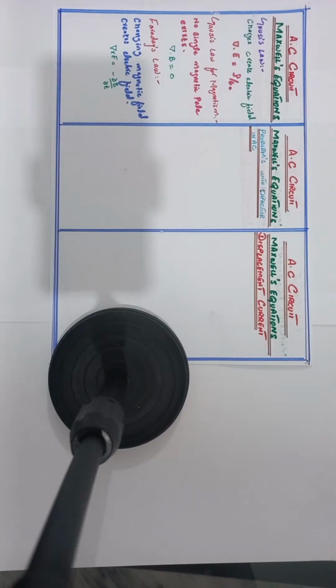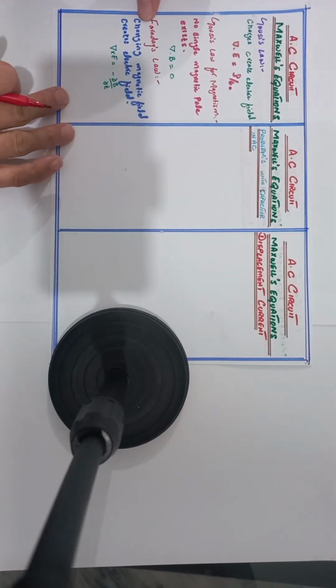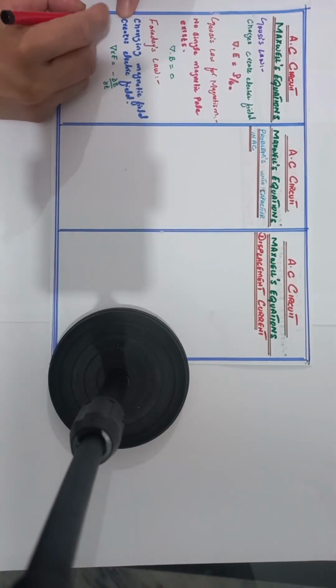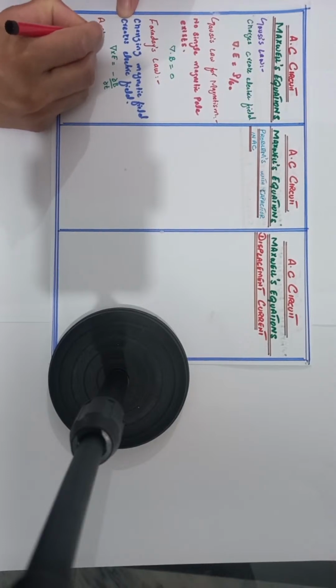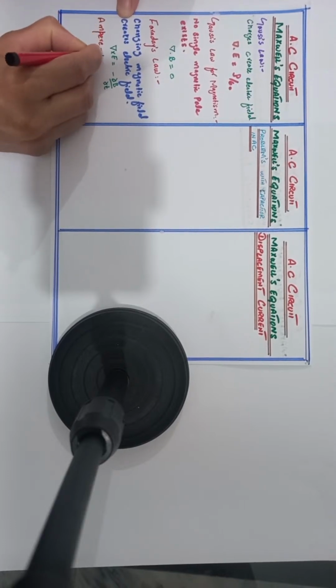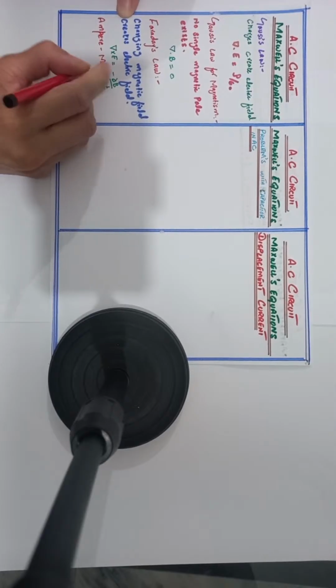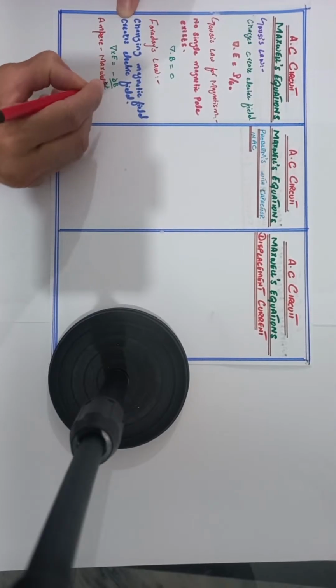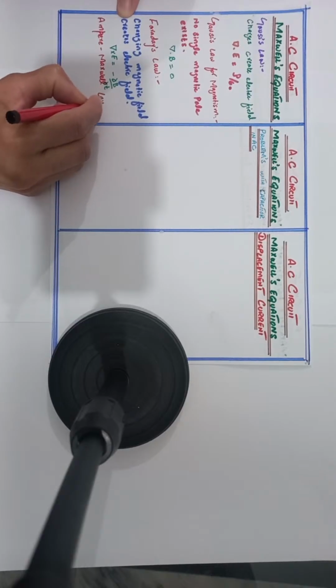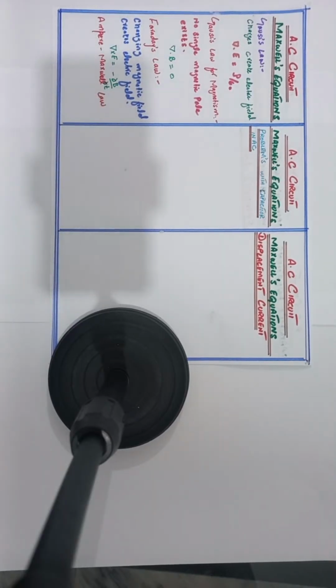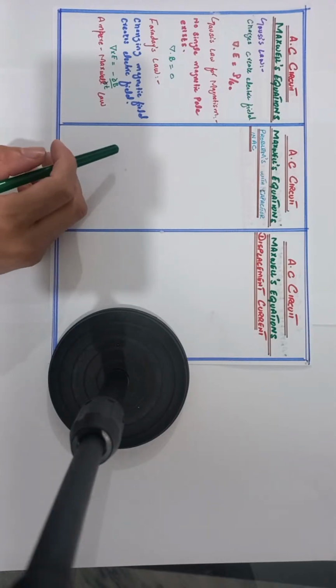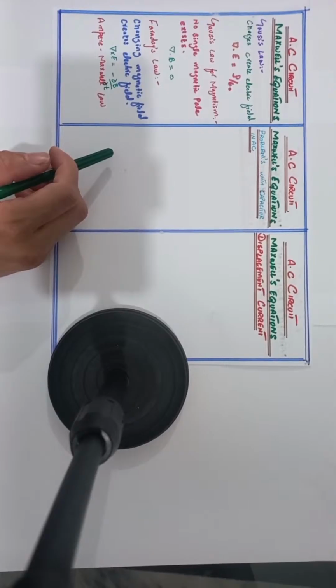So it was modified by Maxwell, and this equation is named the Ampere-Maxwell equation. It tells us that a current or a changing electric field creates the magnetic field.